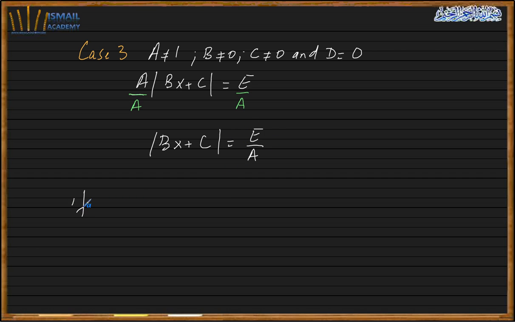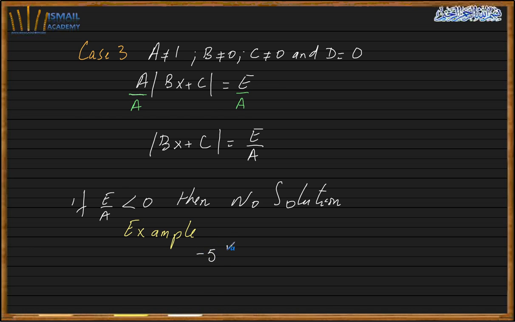Now I discuss that number by itself. If E over A is less than 0, then no solution. So you see, we come back to case 2. For example, suppose I have minus 5 times the absolute value of 3x plus 4 is equal to 7.